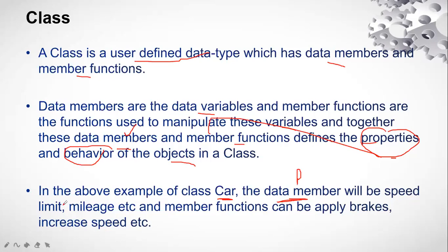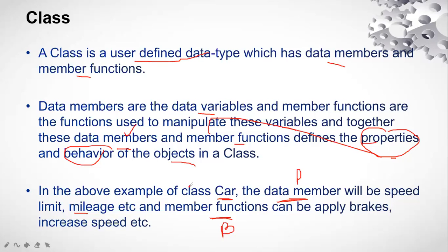It can be the speed limit, mileage, color, model, registration number, etc. And what will be the member functions? Member functions will be the behavior. These are the behaviors of the class, which can be apply brakes, increase speed, start engine, etc. That is, whatever functions or tasks are being performed by the car.